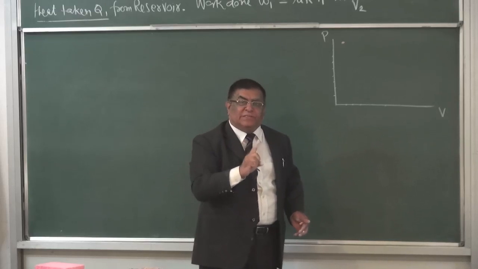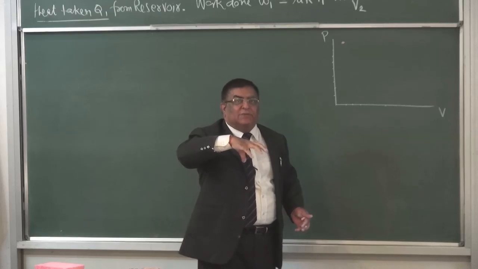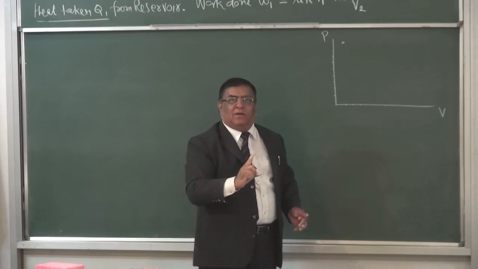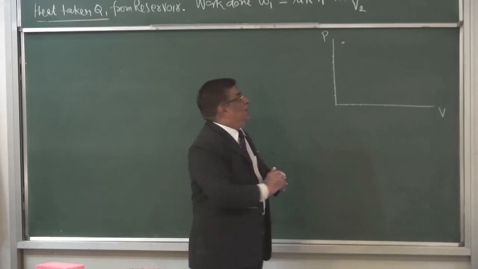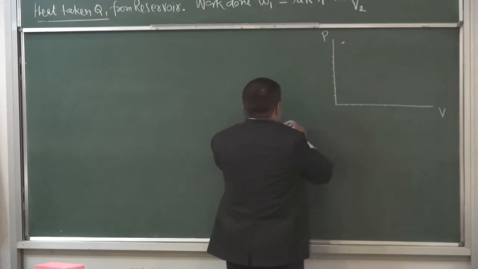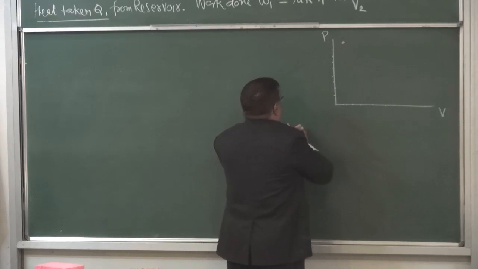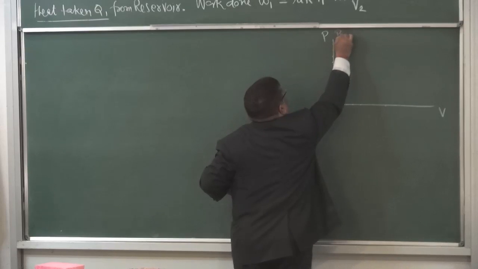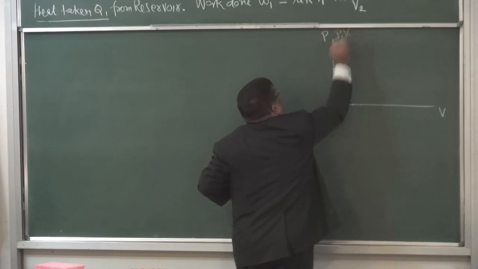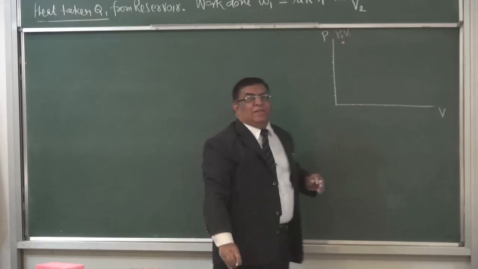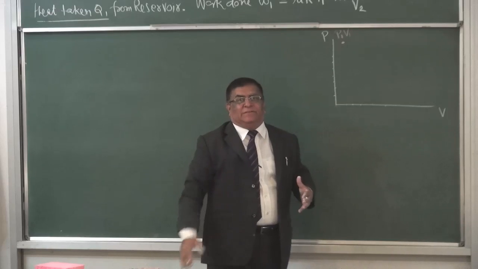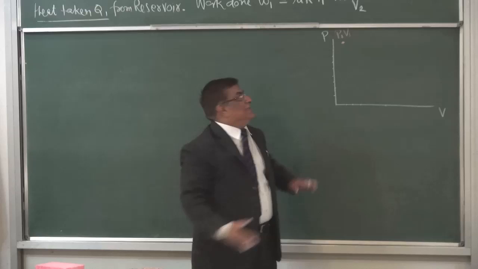heat. शुरू में जब हमने लाके रखा था तो वॉल्यूम कम था, प्रेशर हाई था. This was the state. Volume कम, pressure high, and this pressure was P1 and volume was V1. When there is expansion taking place, the volume goes on increasing.